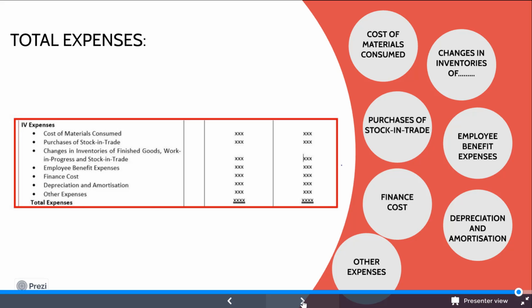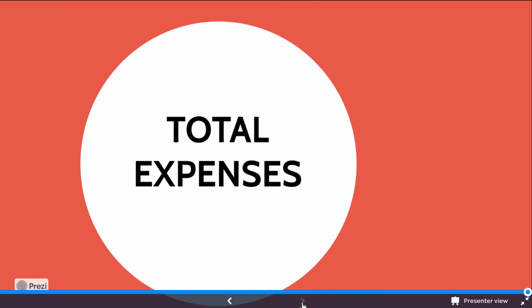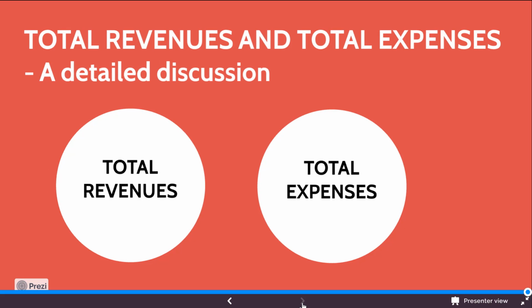Now we've seen the 7 heads under the topic of expenses. If we add up all this, we will get the total expenses. So now in this video, we've seen in detail the contents of the part 3, which is the total revenue, and the part 4, which is the total expenses.